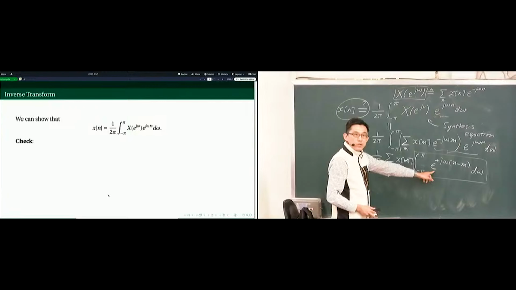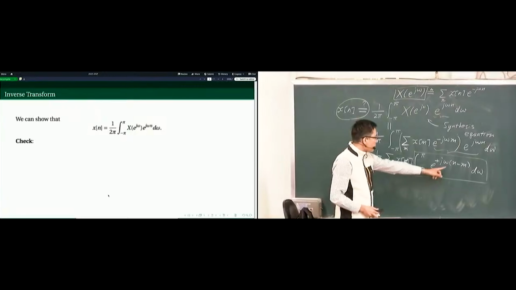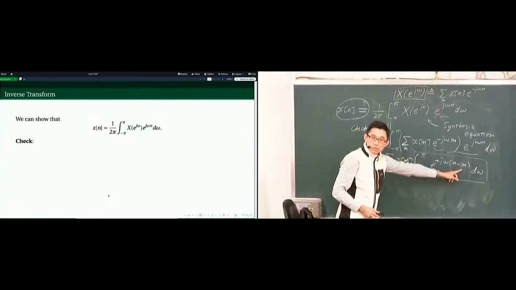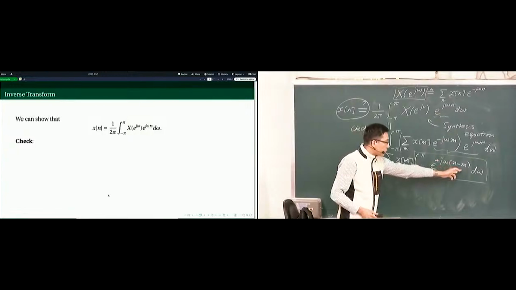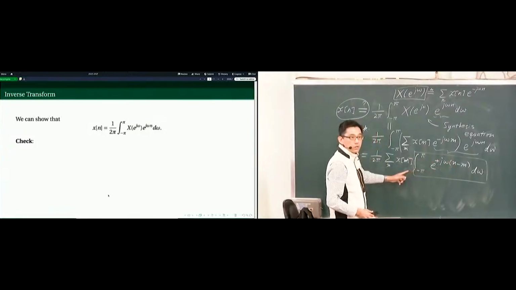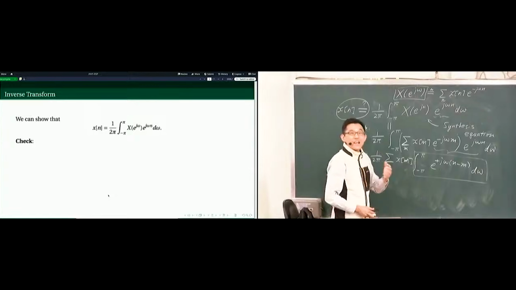we notice that it's non-zero only if n equals m. When n and m, both being integers, do not equal, then this integration equals 0, or it vanishes.